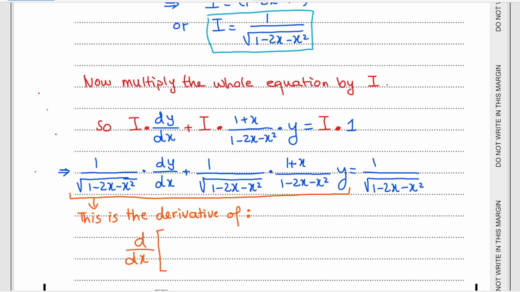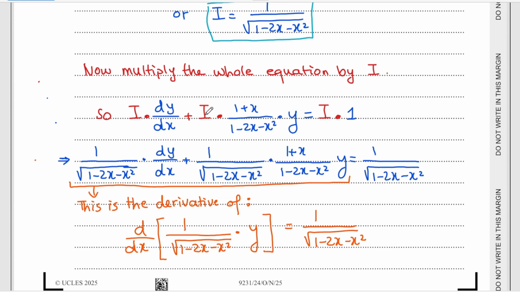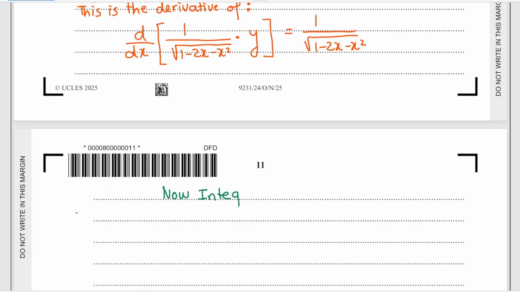So I write the derivative with respect to x of (1/√(1 - 2x - x²) times y) equals 1/√(1 - 2x - x²). Now, since I got the derivative of a product, simply I need to integrate both sides to get the solution.